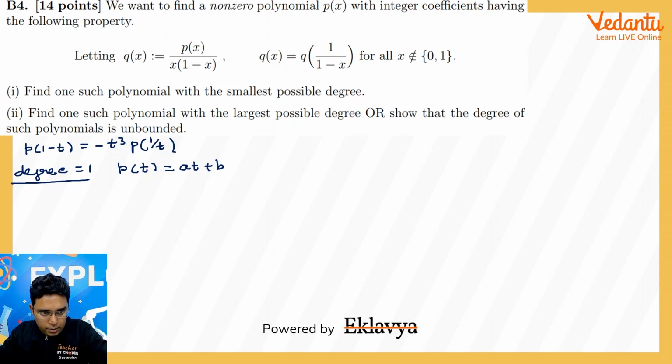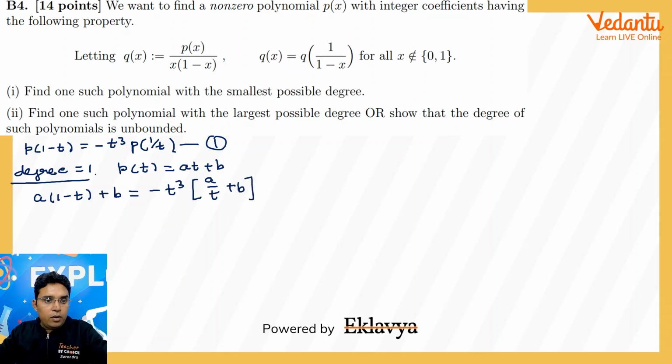Putting it in this equation number 1, we will be getting a times 1 minus t plus b. On the right hand side, it will be minus t cube into a upon t plus b. And because the degree is 1, a cannot be equal to 0.